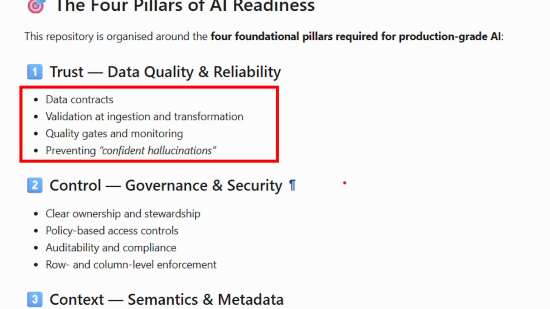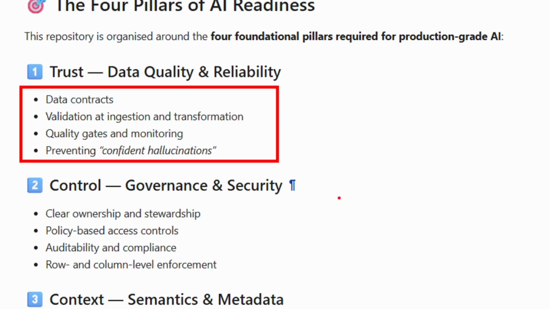We'll see how you construct a data contract, and the need for validation at ingestion and transformation. We'll look at it from 5-6 rows of data, see what validation at ingestion and transformation mean, and then we'll have quality gates and monitoring as well. All of this is to prevent confident hallucination. That's the whole purpose of this exercise.